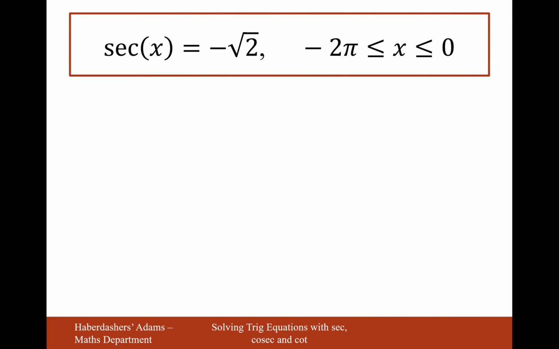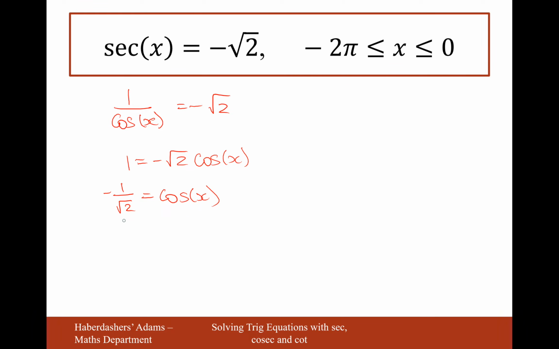Okay, so let's move on to the next question. We've got sec x equals minus root 2. We've got a bit of a weird domain here, but we're still in radians mode, so I won't touch my calculator yet. So this is 1 over cos x equals minus root 2. So I'll multiply the cos onto the other side, and I'll divide by the minus root 2 to give me minus 1 over root 2.